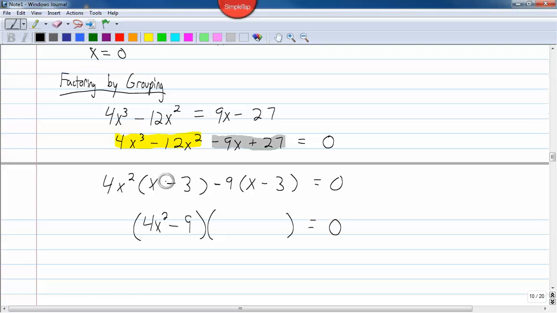The other parentheses, what was in both of these, the x minus 3, you put here. So the number on the outside of each set of parentheses goes in one set of parentheses, and then whatever you repeated goes in the other set of parentheses.